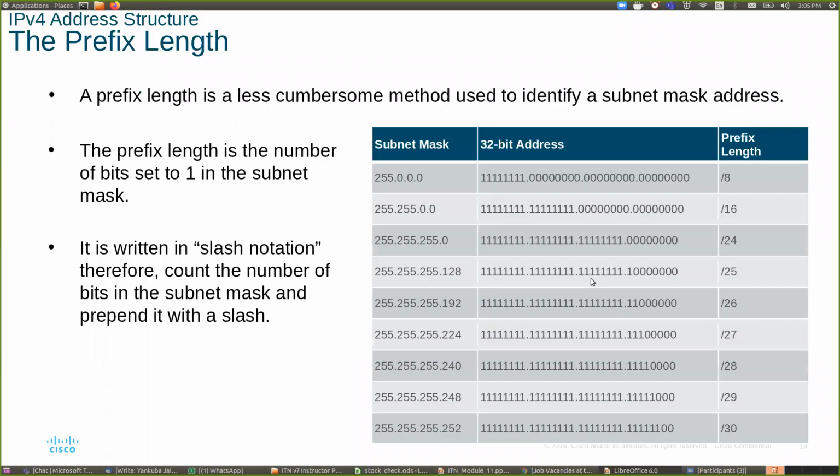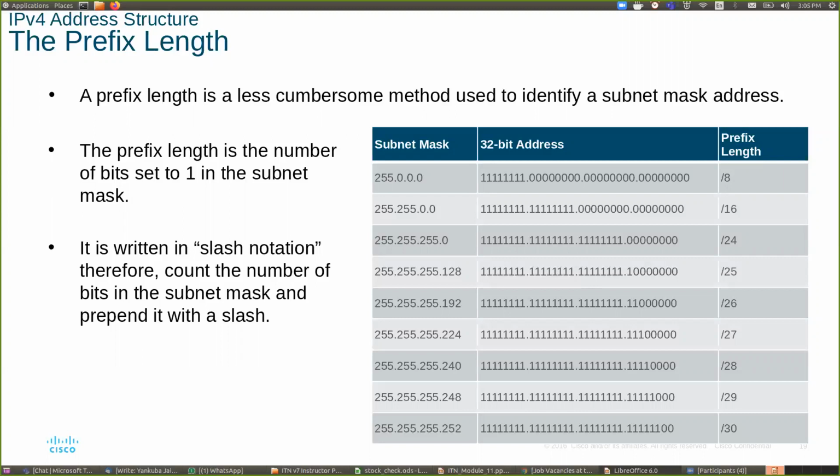Yes. So we also have what is called the prefix length. Prefix length is a convention method used to identify the subnet mask. It's a little bit less tedious than the subnet mask. For the prefix length, you use a slash notation.